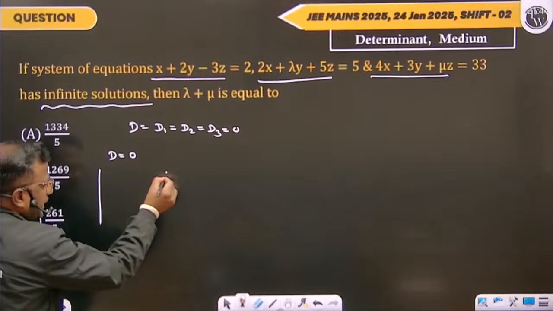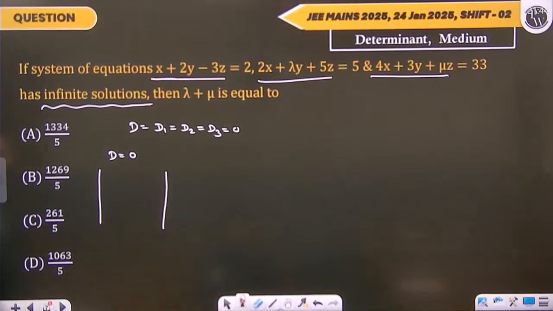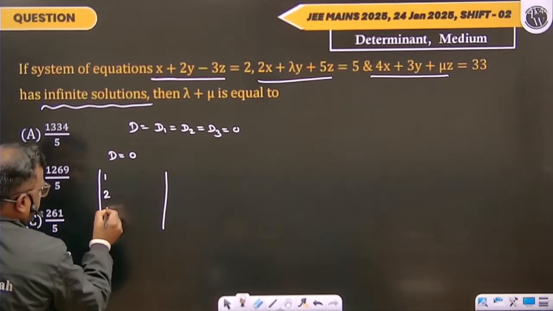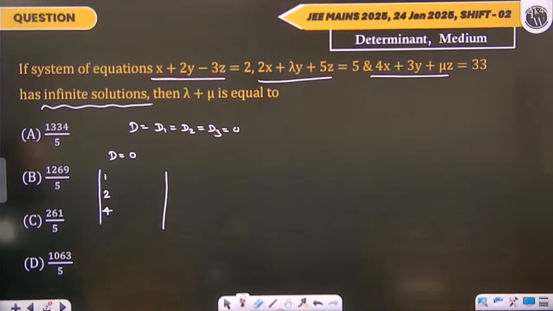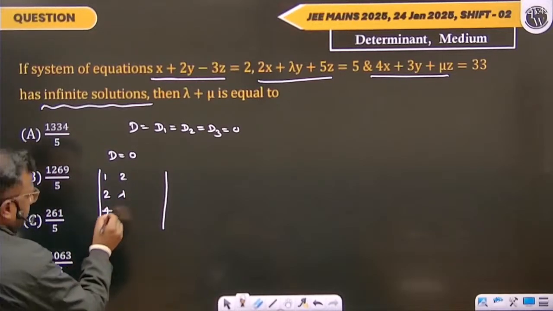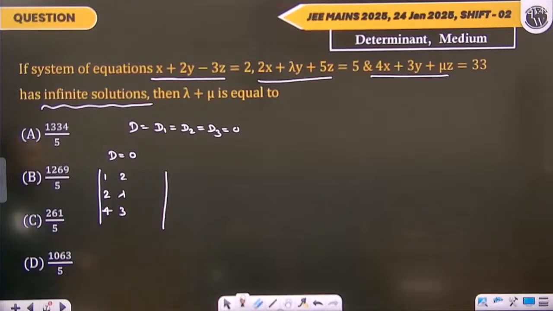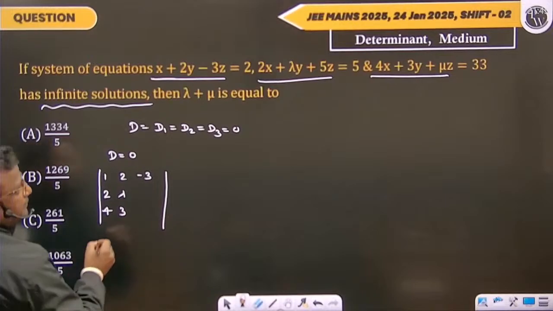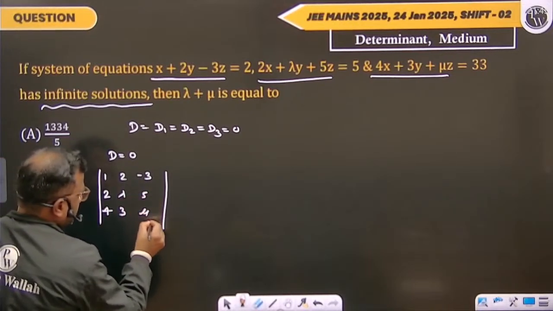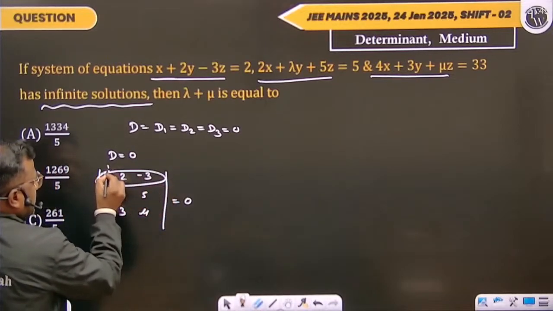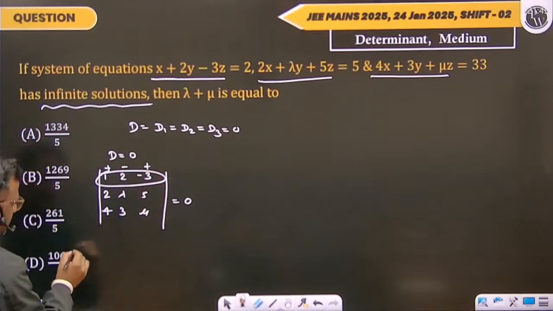So what is the value of D? Determinant: coefficient of x is 1, 2, 4; coefficient of y is 2, lambda, 3; coefficient of z is 4, minus 3, 5, mu. So this becomes 0. You have to solve this determinant with plus, minus, plus signs.